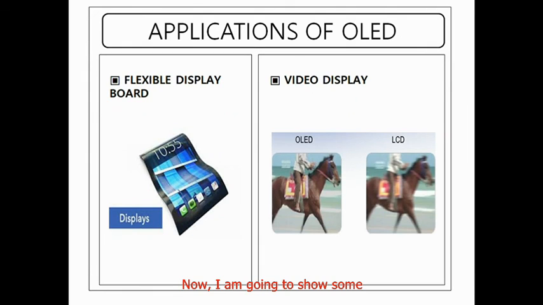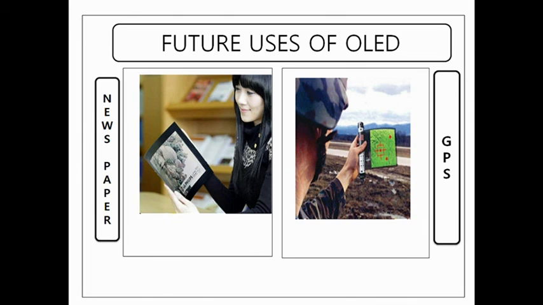Now I am going to show some future uses of OLED. And this is the OLED display newspaper. In future, it will refresh us with the breaking news. And this is the OLED based digital map and GPS. It will be helpful in armed forces and military operations.